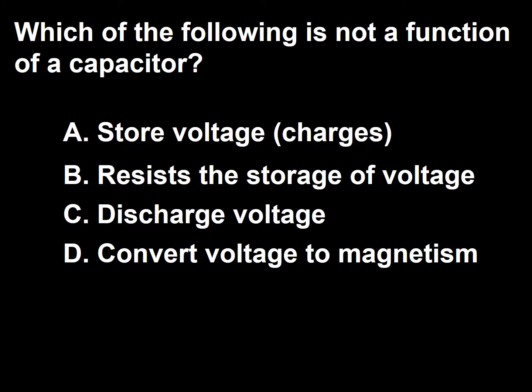Next question. Which of the following is not a function of a capacitor? A. Store voltage. B. Resist the storage of voltage. C. Discharge voltage. D. Convert voltage to magnetism.